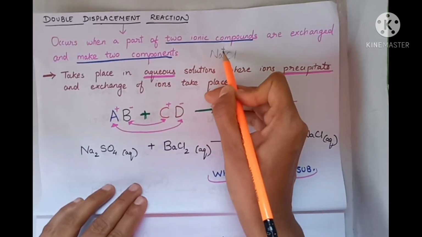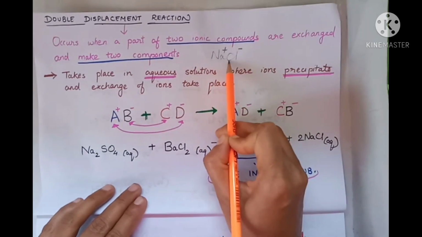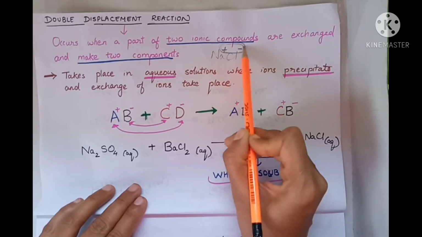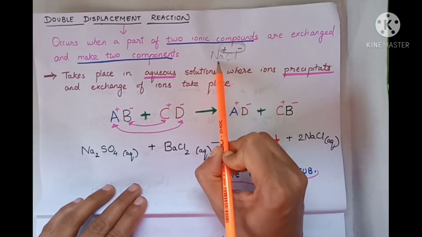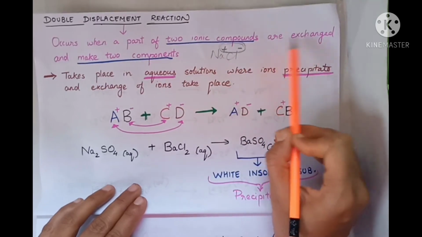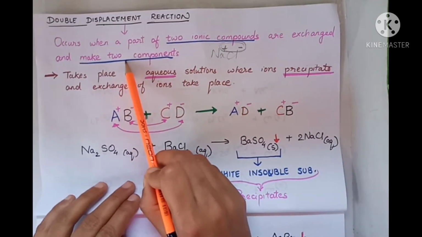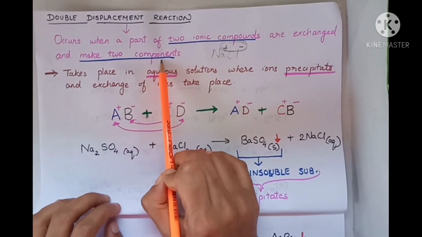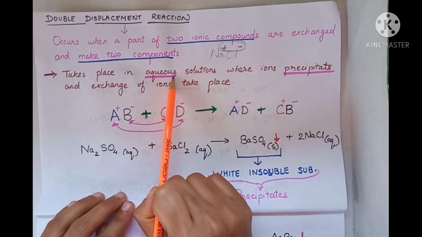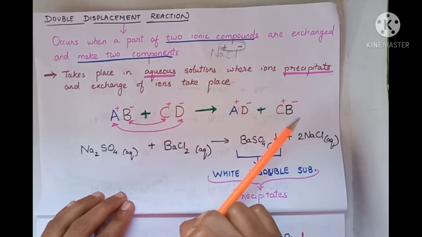Okay, it is made up of sodium and chlorine together. So they are attracted just because of the opposite charges. Sodium is the cation where chlorine is the anion. So there is an exchange and two components are formed. So this takes place in aqueous solutions where ions precipitate and exchange of ions takes place.